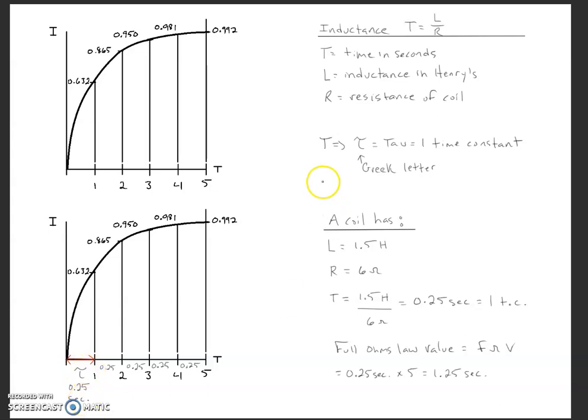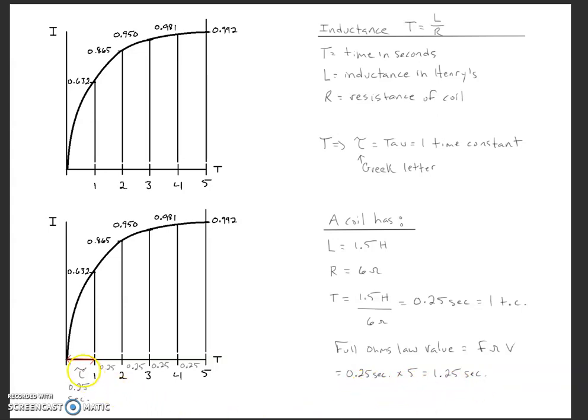So, for example, if a coil has an L of 1.5 henries, an inductance of 1.5 henries, a resistance of 6 ohms, the time required for one time constant is 0.25 seconds. So that's one time constant. So for the full Ohm's law value, I'm going to express it as F Ohm's law V, 0.25 seconds times 5 takes 1.25 seconds.